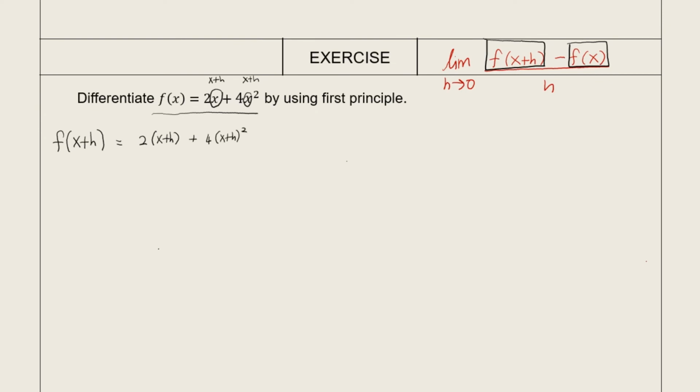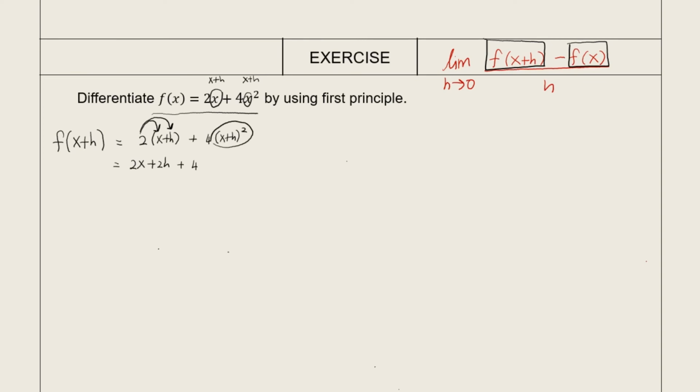Okay, after substituting, let's simplify our equation. So now to simplify, you open the bracket. 2 multiplied by x, you will have 2x. 2 multiplied by h, you will have positive 2h. Okay, plus 4, and you need to expand this first.